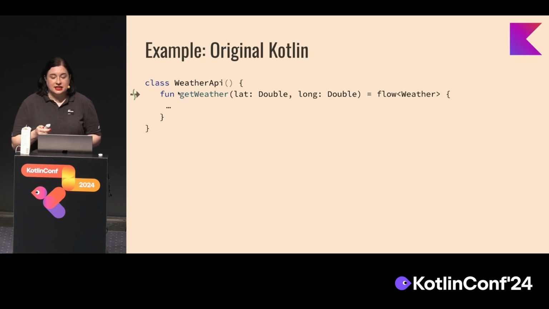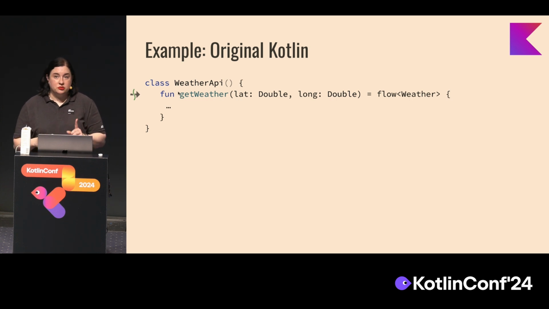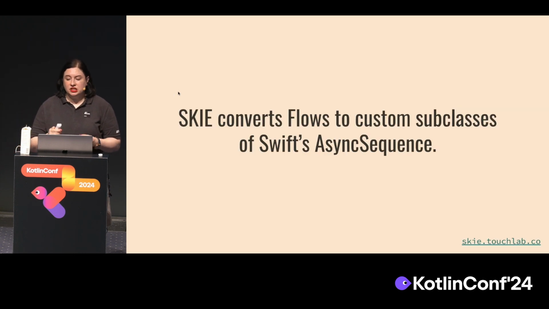So let's look at a similar example to what we had in the suspend function section, but instead of returning just one weather object, we're going to return a flow of weather objects. To solve this problem, we can use SKIE. SKIE will convert the flow into a custom subclass of Swift's async sequence.